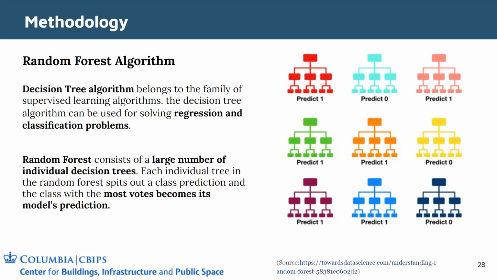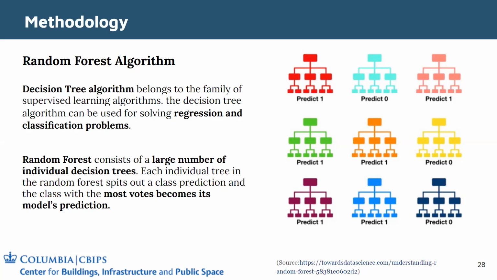The random forest consists of a large number of individual decision trees. The decision tree is another algorithm that can be used for solving regression and classification problems. Each individual tree in the random forest spits out a class prediction, and the class with the most votes becomes the model's prediction.